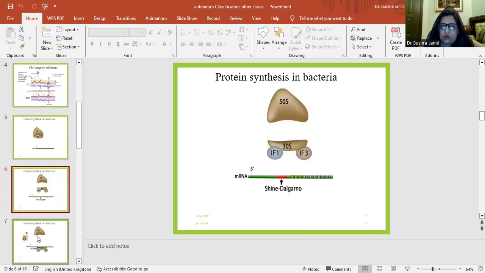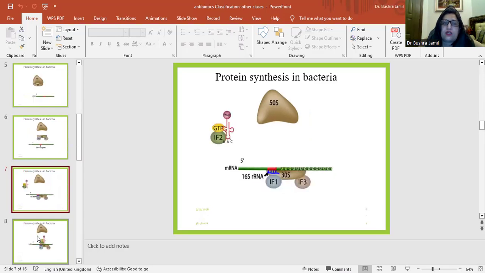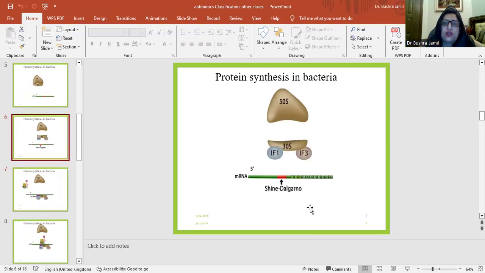They bind to 30S ribosomal subunit, and it gets separated from the ribosomal complex. The smaller subunit then moves toward the messenger RNA and gets strongly attached at the Shine-Dalgarno sequence. This red one is the Shine-Dalgarno sequence.